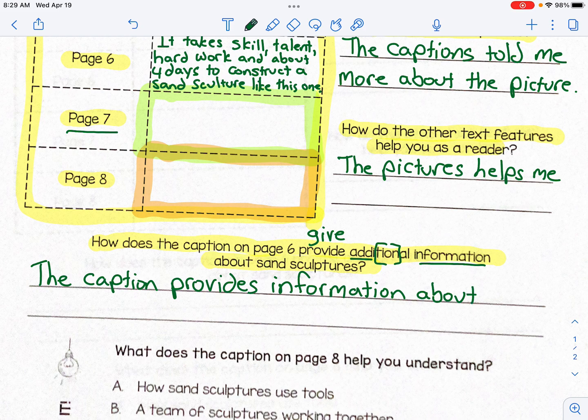Okay? And you're going to tell me what you learned from the caption above the picture on page 6. Okay? Go ahead and finish the sentence. Ms. Kuhn already restated it for you. Okay? And pause this video and go ahead and answer the question.